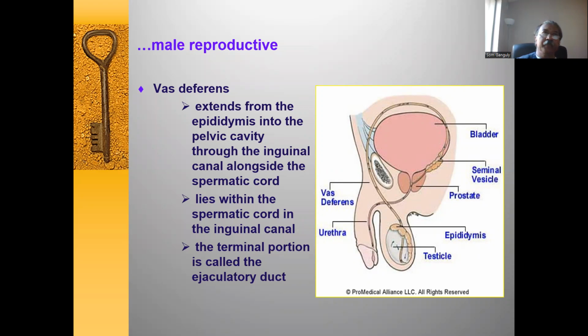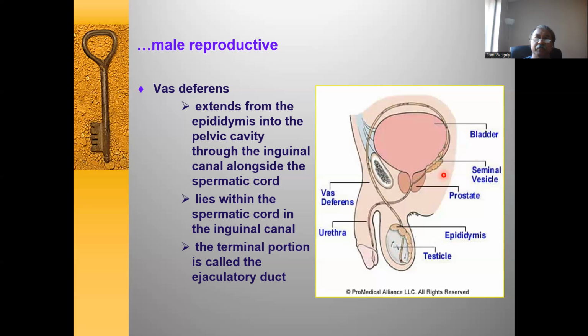Okay, so as you can see, we discussed the male reproductive structure, the male reproductive primary structure, and the vas deferens, how it originates in the testicle and runs through the inguinal canal and all the way up to the terminal portion, which ends at the ejaculatory duct.